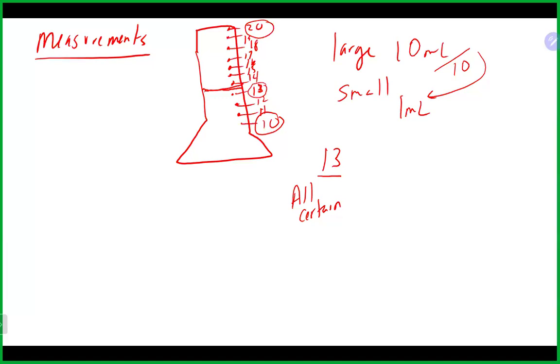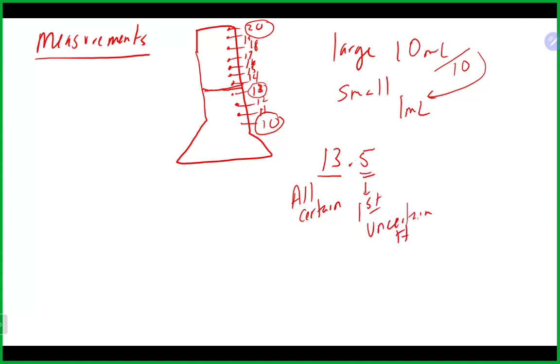So what's left is sort of that estimation or the uncertainty in the measurement. And again, depending on how you look at it, you may feel it's halfway between those two numbers. You may feel it's not, but you do need to, in this case, go one more digit over from the smallest marking. And that is what is referred to as our first uncertain number.